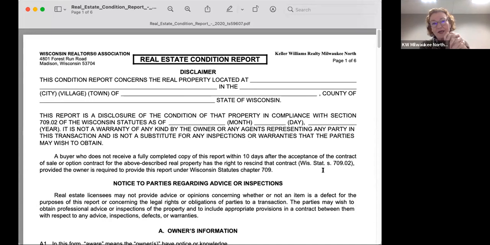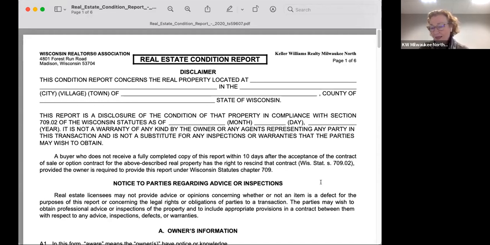But what we're going to do today is generally go over what the real estate condition report is and your responsibilities as a listing agent. And then we'll talk about what your responsibilities are as a buyer's agent when you receive one.